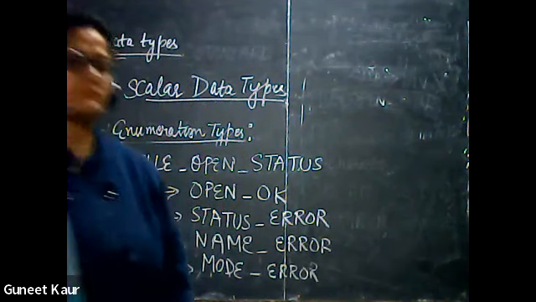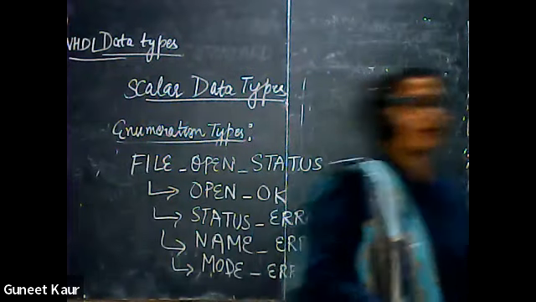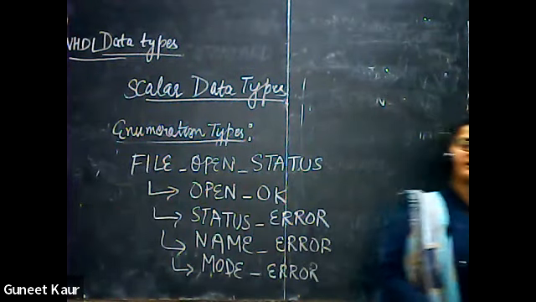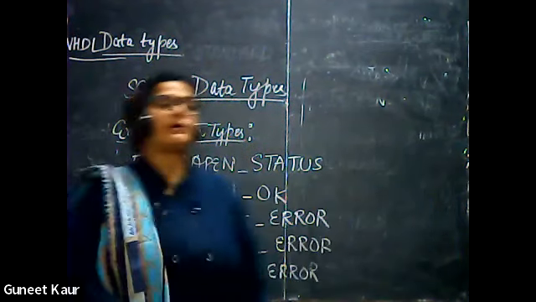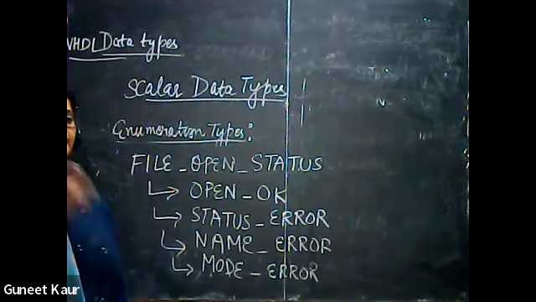So these are the scalar predefined data types.